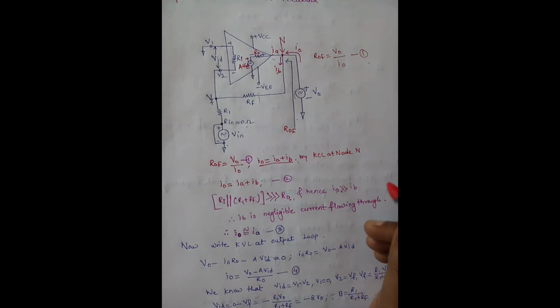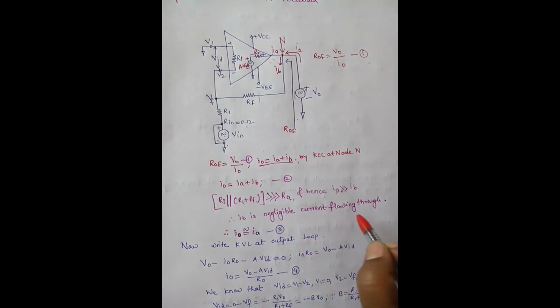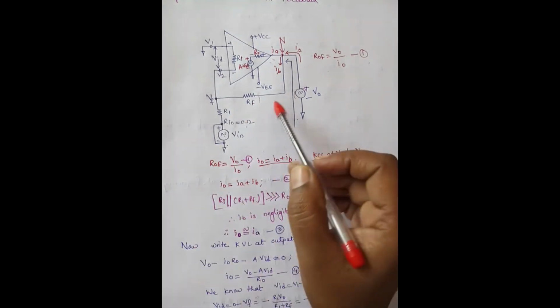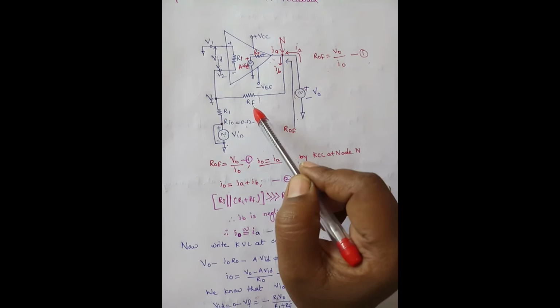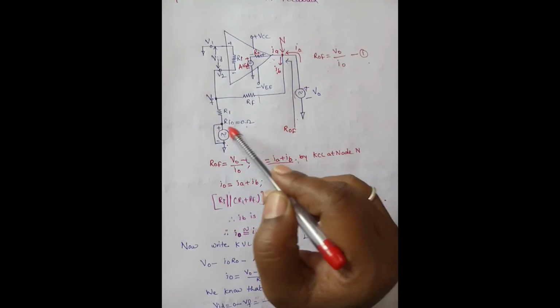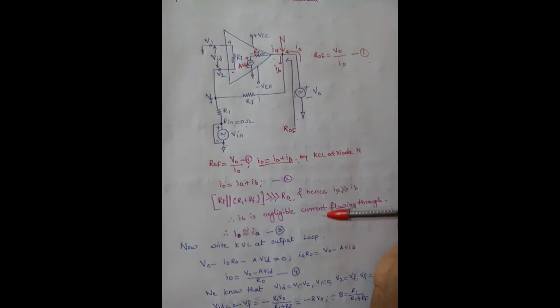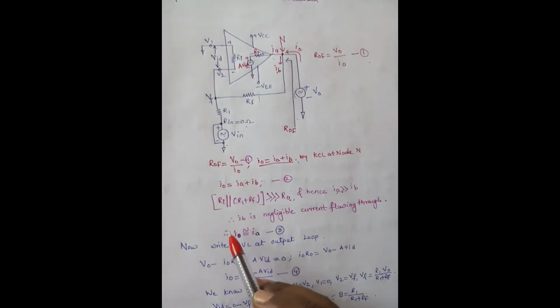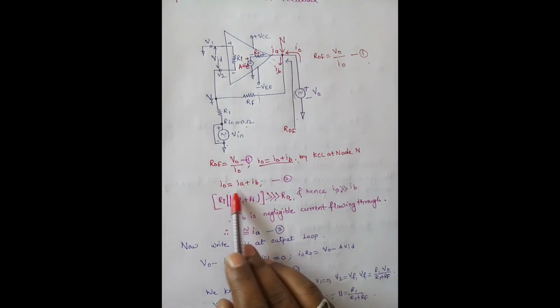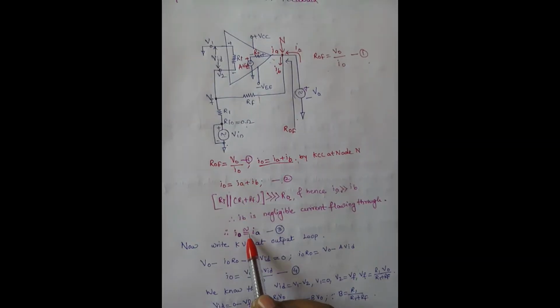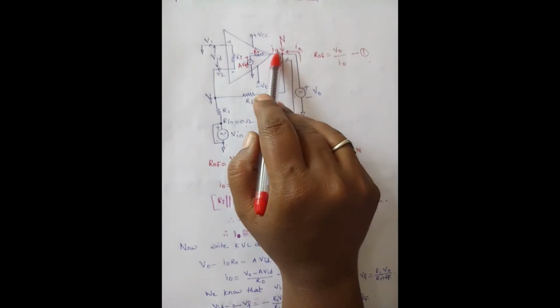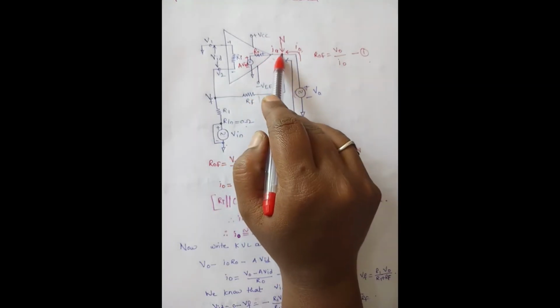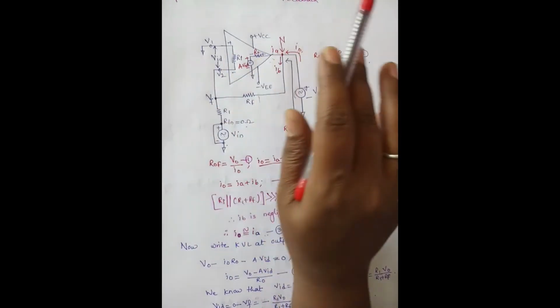IB is very small, such that we can neglect the current flowing through the parallel combination of Ri with R1 plus RF. So if IB is negligible, we can write the output current I0 is approximately equal to IA. What we got here is I0 is equal to IA because IB is minimum current.